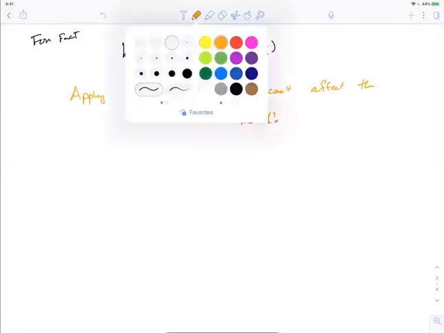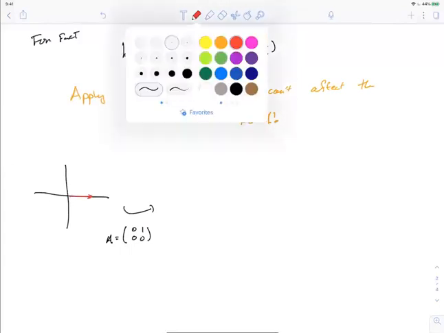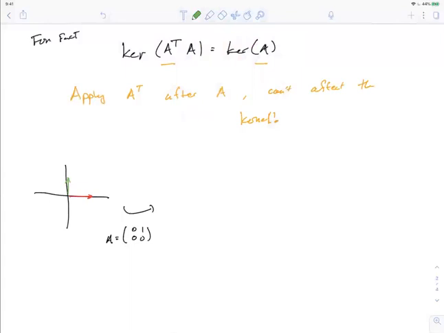All right, so let's just do a quick example to see this in action. Let's take the matrix 0, 1, 0, 0, and this is going to be our A. So what does this matrix do? It's going to take these three vectors.